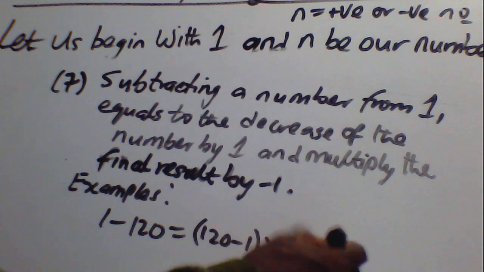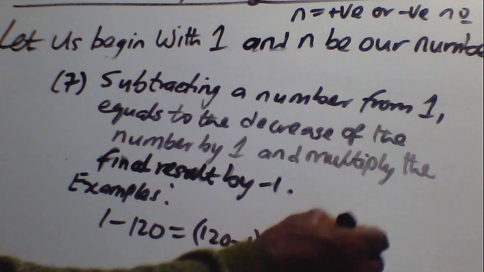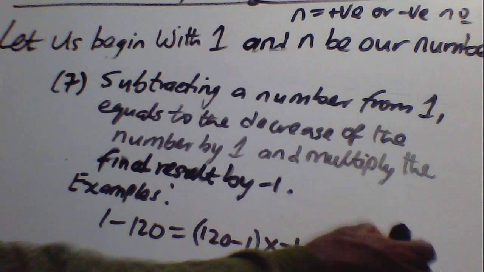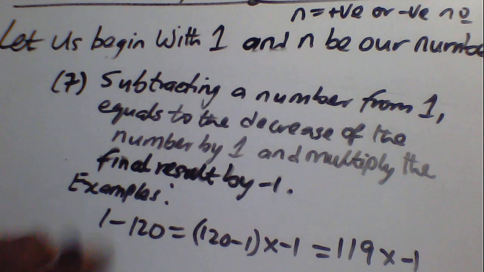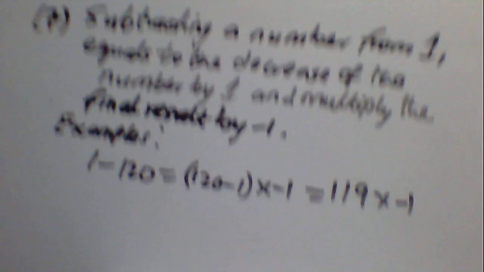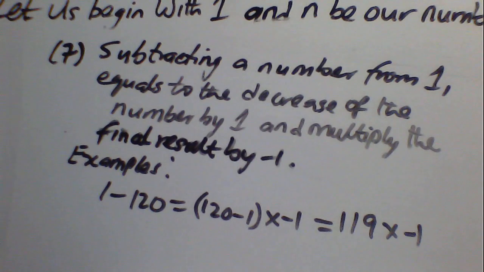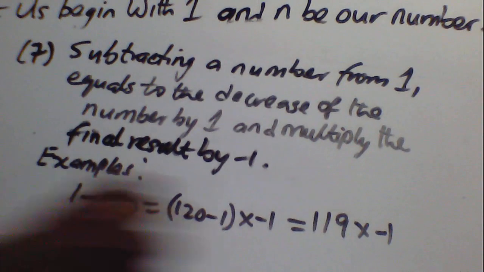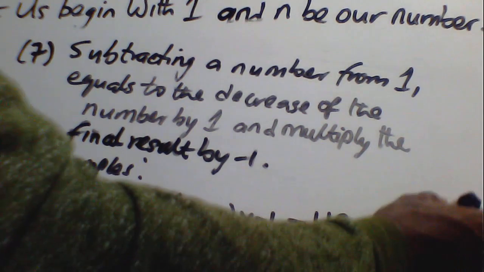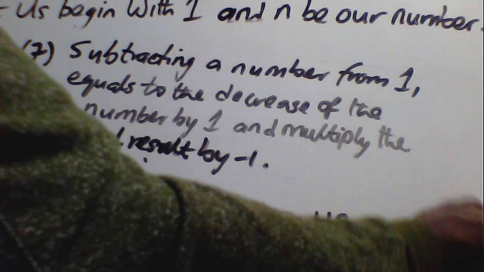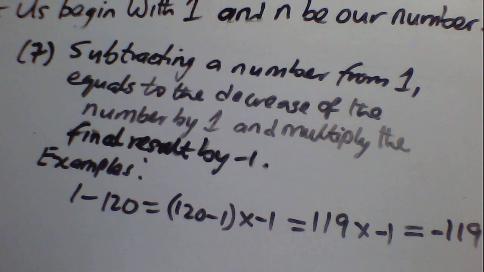So 120 minus 1 will give us 119. Multiplying the result by minus 1, your final result will be minus 119. So that is it.